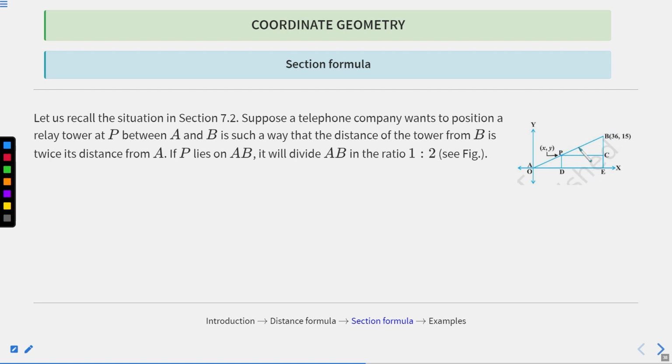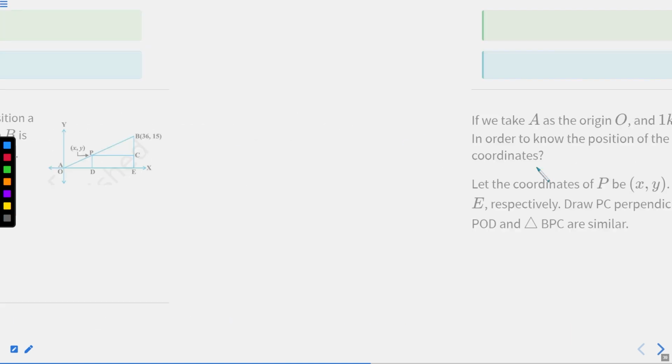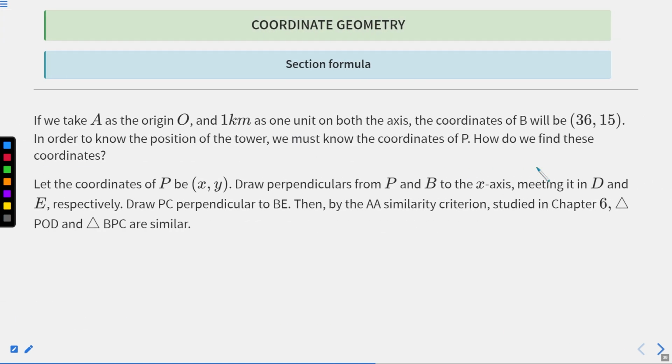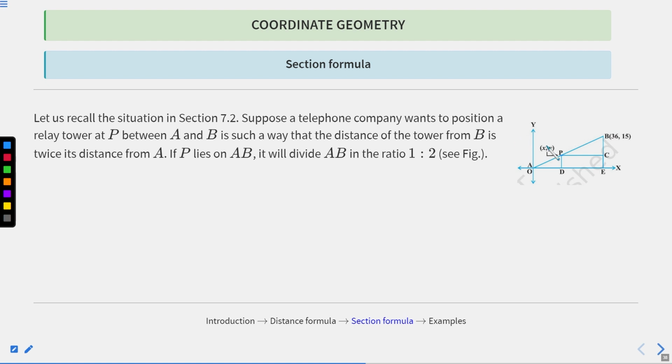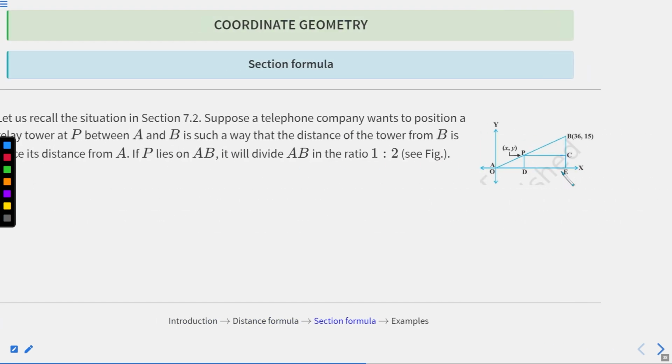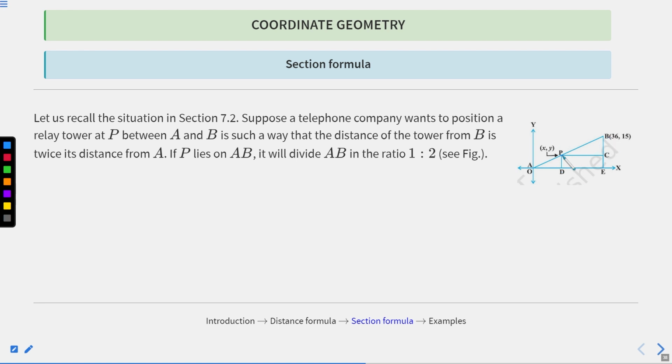Okay, and here this triangle POD and the triangle BPC, these two triangles are actually similar triangles.